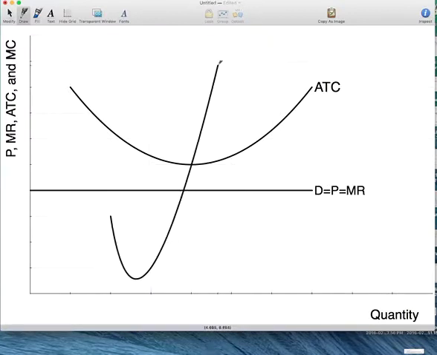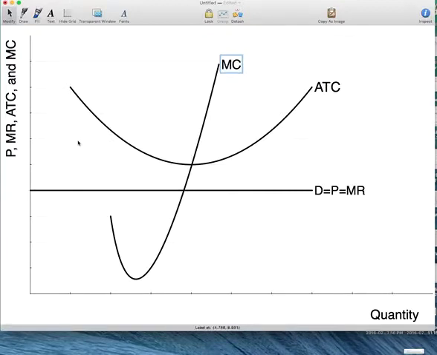Remember, we have a J-shaped marginal cost curve. So we have a U-shaped average total cost and a J-shaped marginal cost curve. Average total cost is U-shaped because remember what we talked about previously, that total cost includes fixed and variable costs.